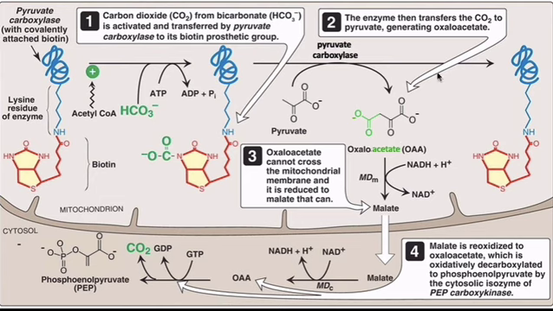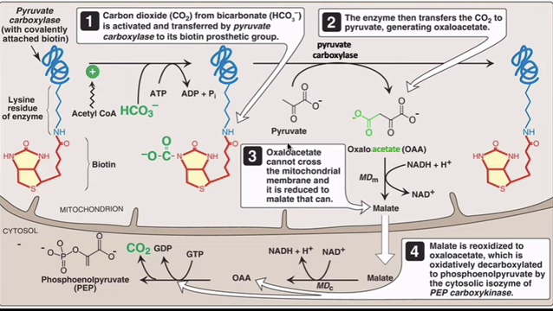So why is it that the first step in gluconeogenesis is in the mitochondrial matrix and the rest of gluconeogenesis happens in the cytosol? Please take a stab at that. The answer is fairly simple. The first step in gluconeogenesis produces oxaloacetate, which is a really important citric acid cycle intermediate. You want oxaloacetate in the mitochondria to run the citric acid cycle.